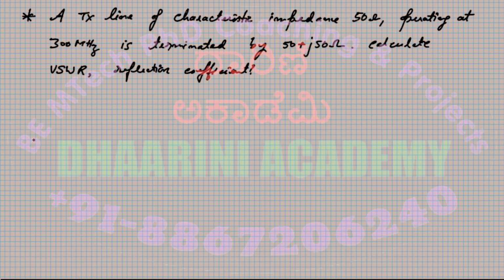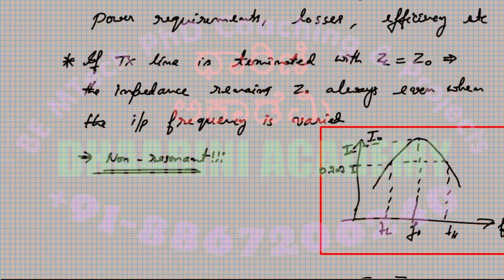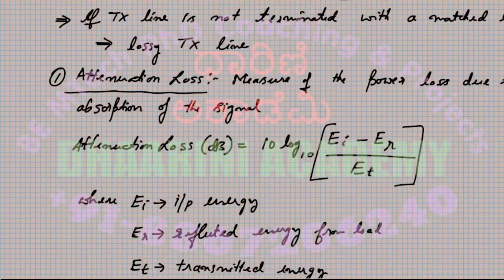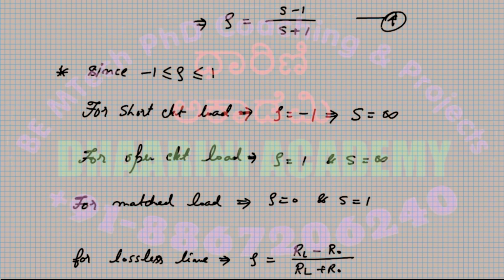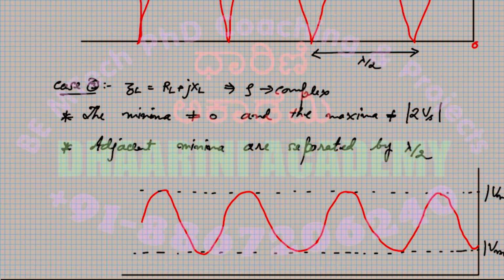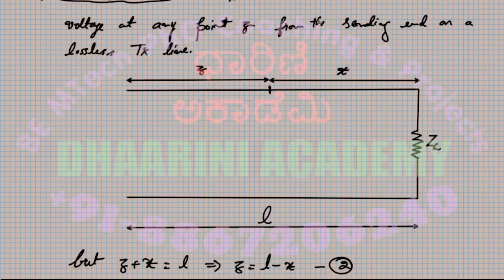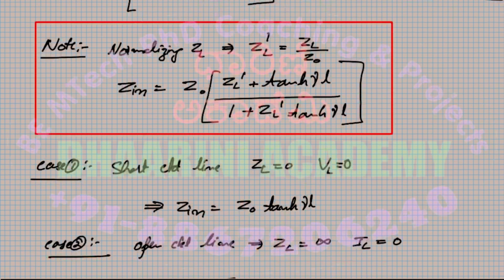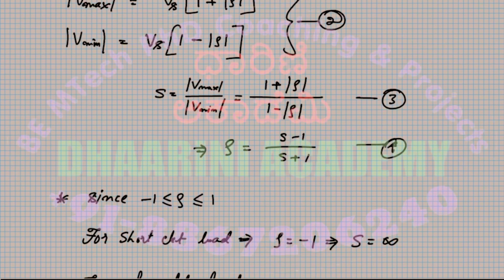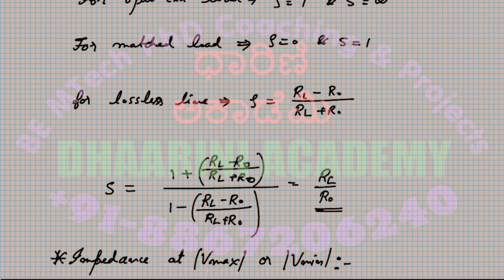The equation for rho is there: ZL minus Z naught by ZL plus Z naught.